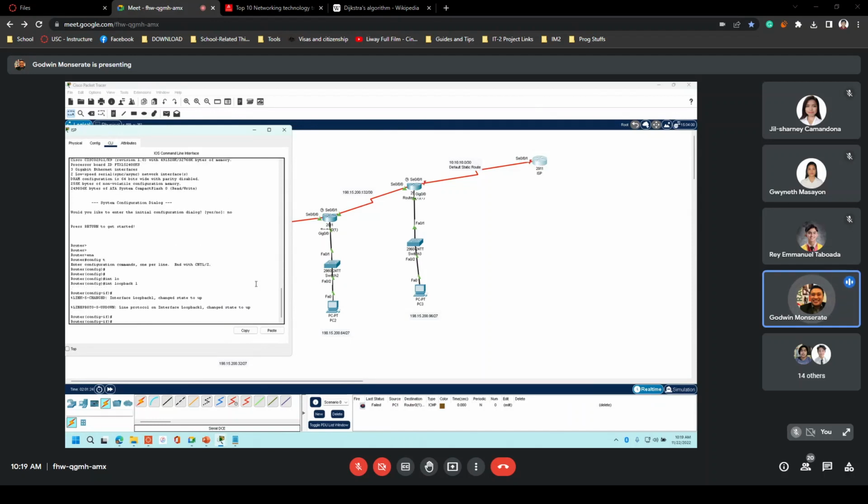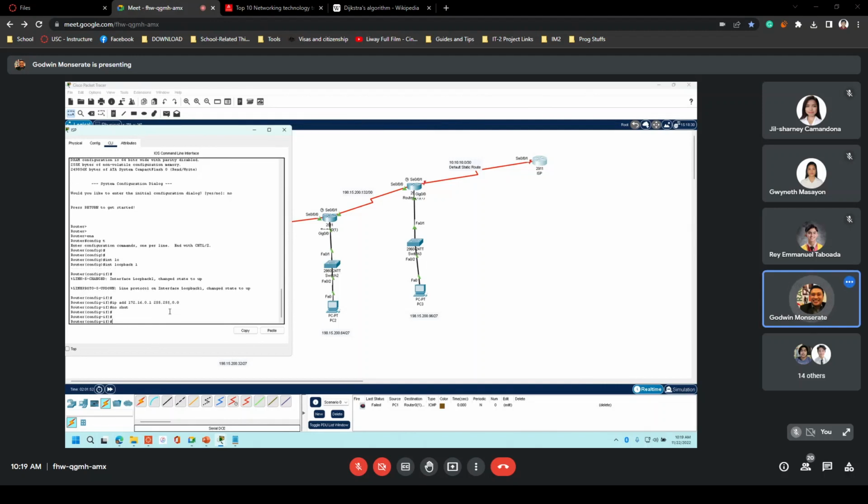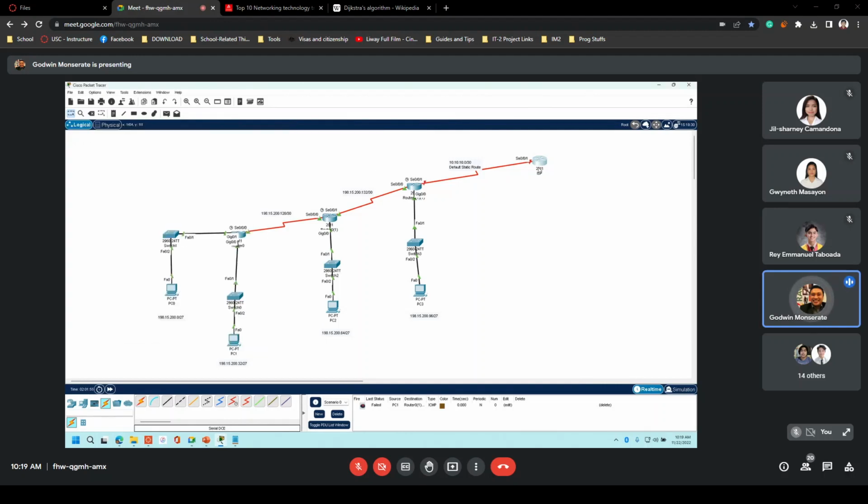It is an interface which is supposed to be a local area network, but it is fake. This is to check if the connection between the static network and OSPF will communicate with each other. I'm going to ping the loopback address later, but I'm going to put an IP address onto it: ip add 172.16.0.1 255.255.255.0, enter, no shut.